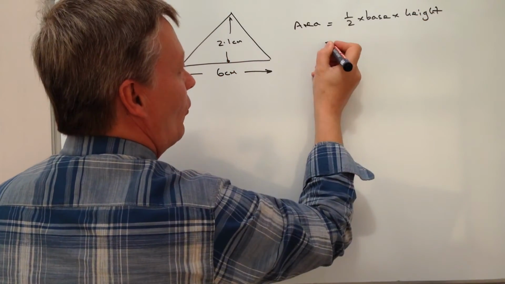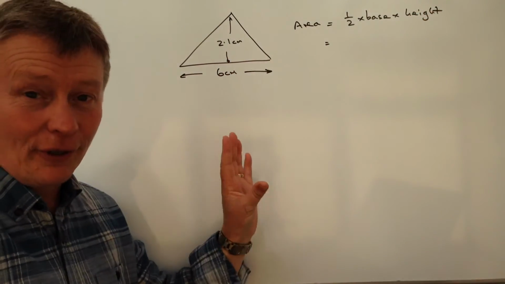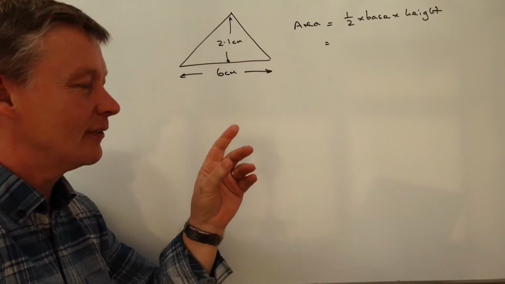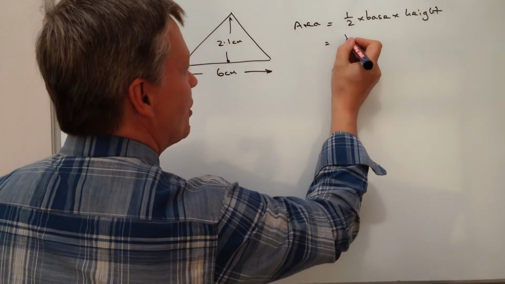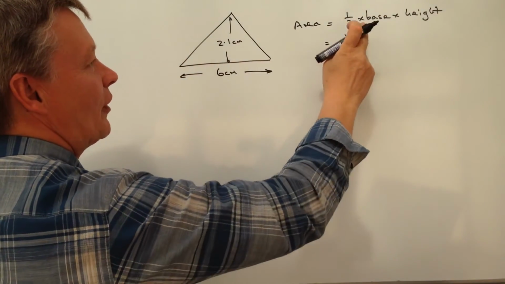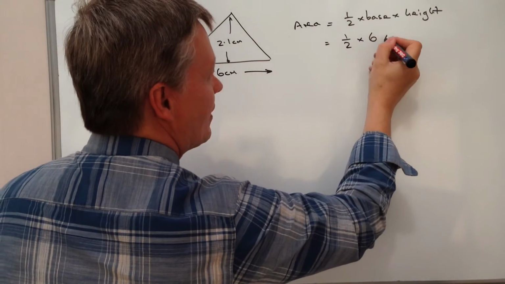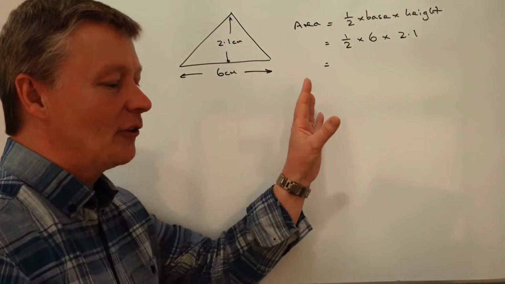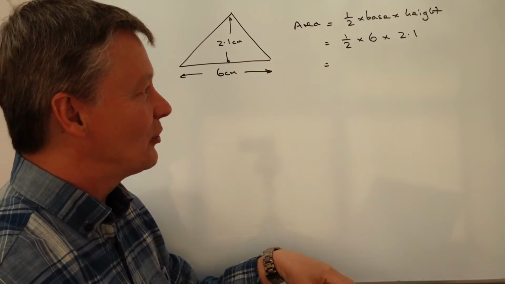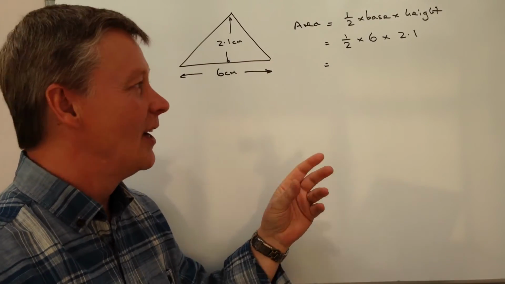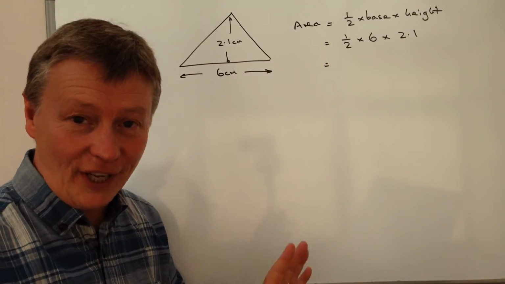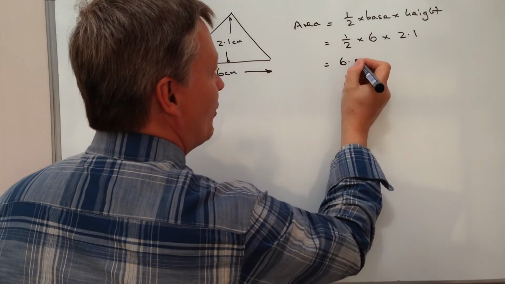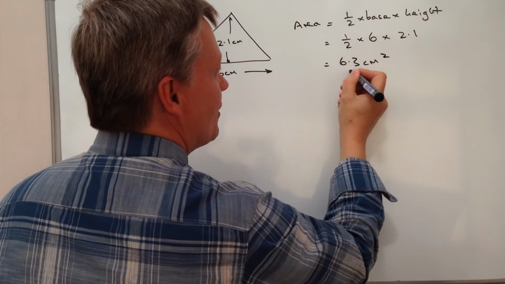Okay, so what we would do to work out the area of this particular triangle, because we know the vertical height and it's the height that's important on this one, we just plug these numbers in and we've got the base of 6 centimeters and the height of 2.1. Now, however you calculate that, if you use a calculator, or you can do it just using a formal written method, that's perfectly fine. Okay, and you should get an answer of 6.3 centimeters squared.